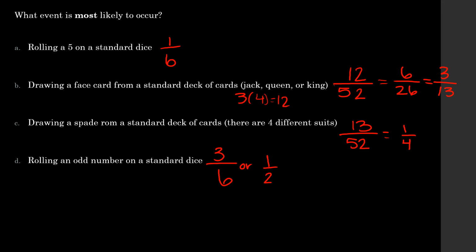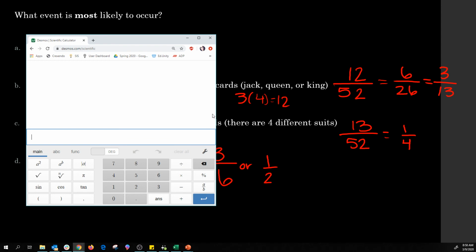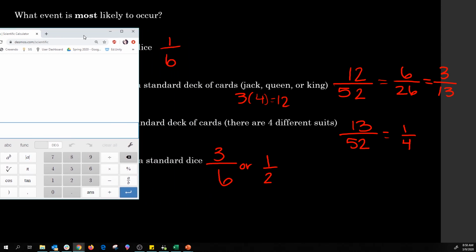If you are unsure about what to do at this point, let me show you this really quick. So I'm pulling open Desmos, and what I'm going to do in Desmos is take all of these fractions and type them in.